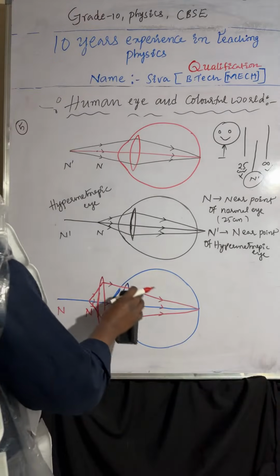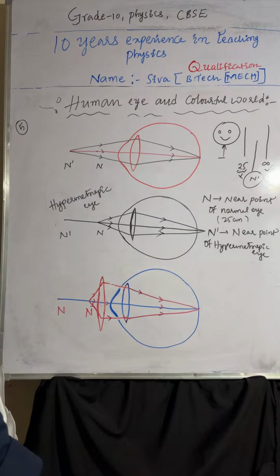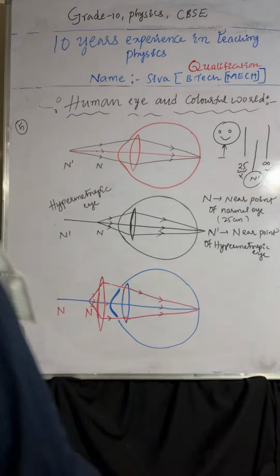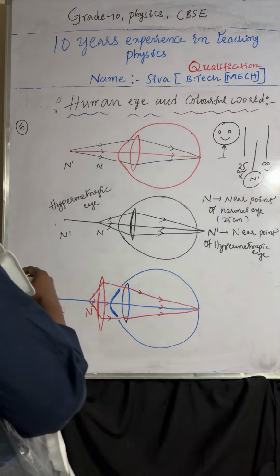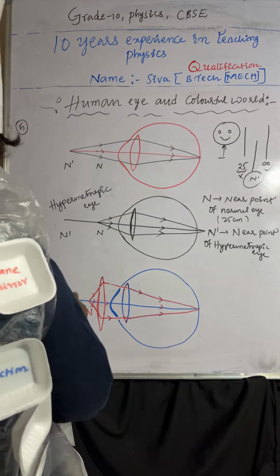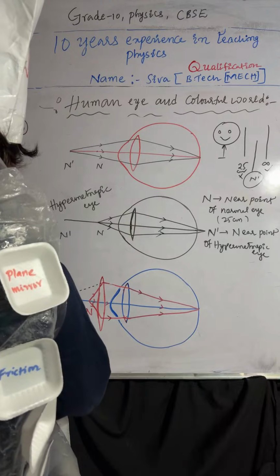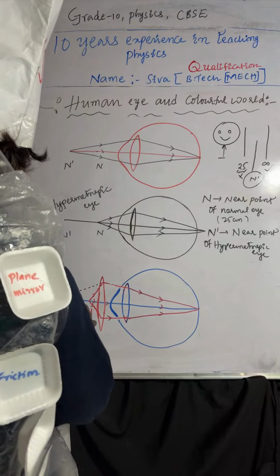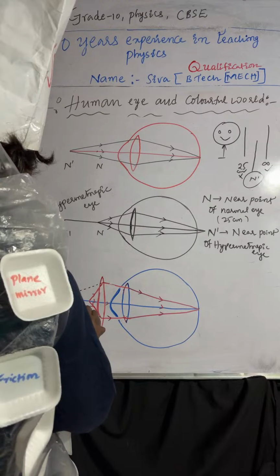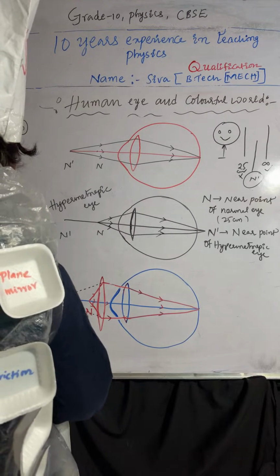I hope it is very clear. Then if you extend these light rays, those light rays will meet at n dash, here and here also. Actually this is n. Is it clear?